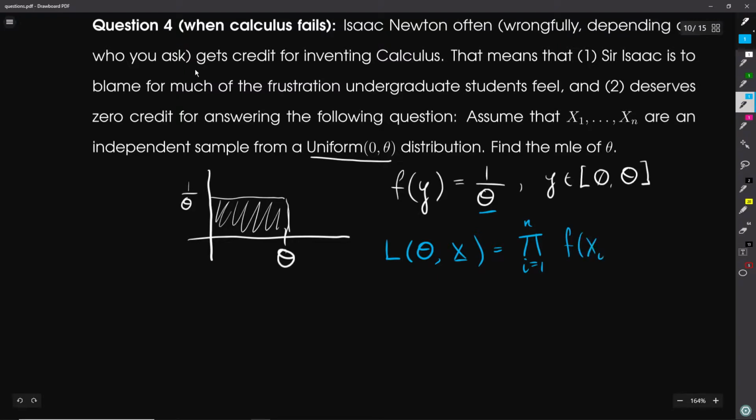So that's the product of f of xi, which is the product from i equals 1 to n of 1 over theta. Every one of them has constant density, right? If we multiply 1 over theta n times, it's 1 over theta times 1 over theta, and so on, which gives us 1 over theta to the power of n. And so we find this very nice, simple likelihood function, 1 over theta to the power of n.